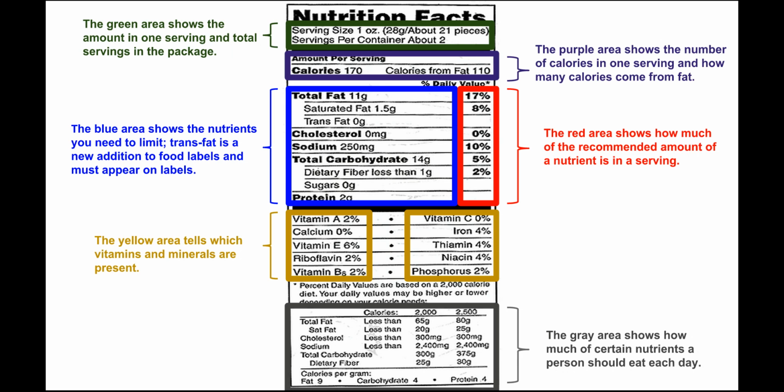Finally, the purple area shows the number of calories in one serving and how many calories come from fat. In this food label, there are 170 calories total, and 110 come from fat. As you can see from the picture and the colors highlighted, this is how you read a food label.